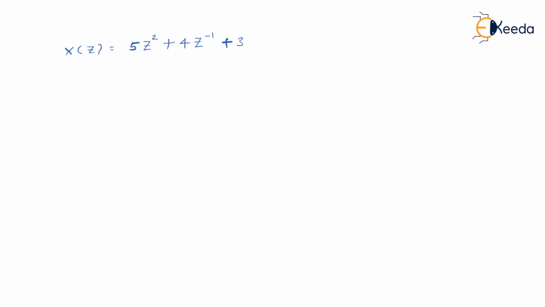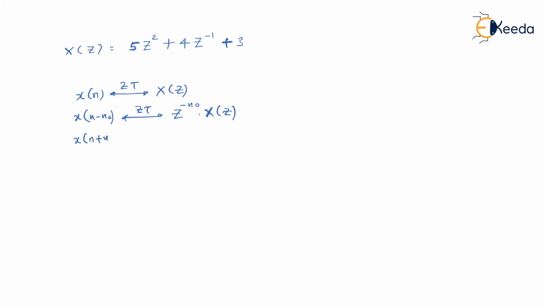Am I right? Now we know the time shifting property: if x of n has z transform x of z, in that case x of n minus n naught will have its z transform as z to the power minus n naught times x of z. Am I right?